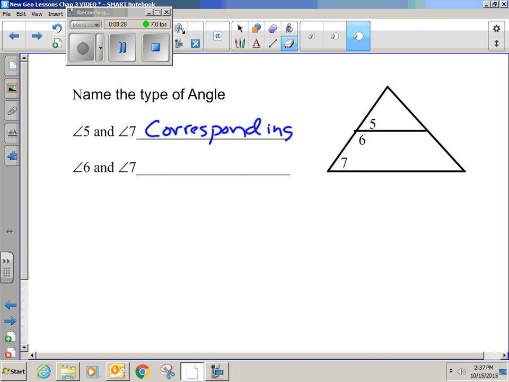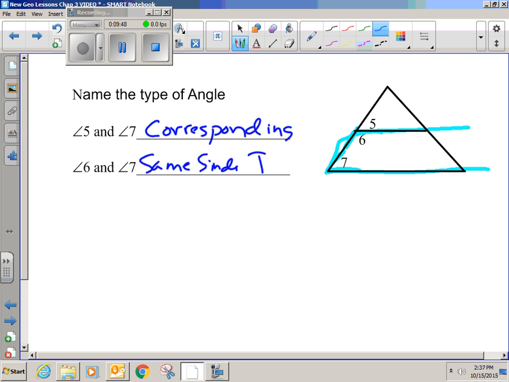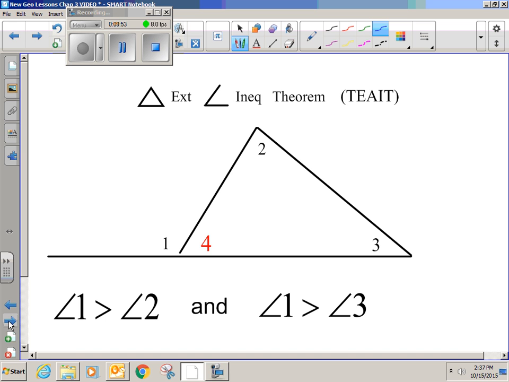Angle 6 is right there. Angle 7 is right here. Looks like I got a letter C. The letter C tells me that these angles are same side interior. Okay, you guys, we'll try some more in class.